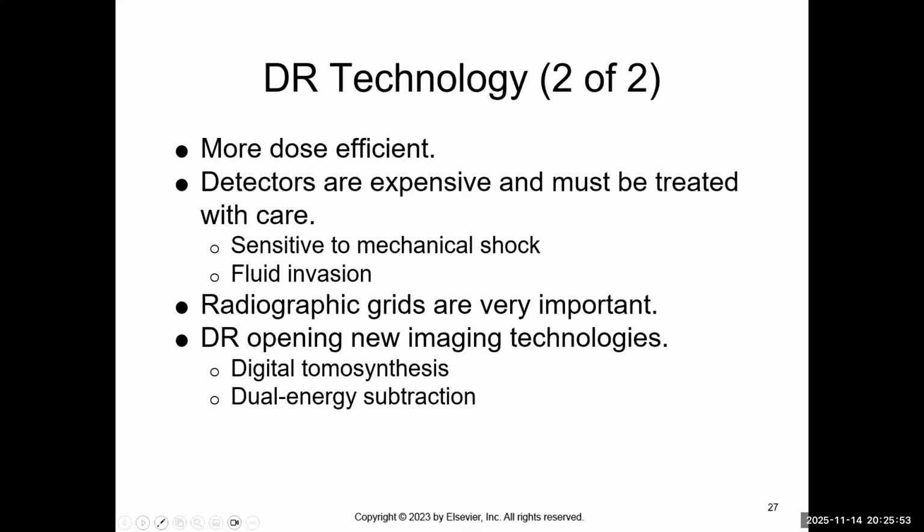All right, your DR panels are more dose efficient. So with the newer technology, when we say dose efficient, it is able to detect really low levels of radiation and also really high levels of radiation. They are very expensive, and they are sensitive to mechanical shock, meaning they are sensitive to drop.